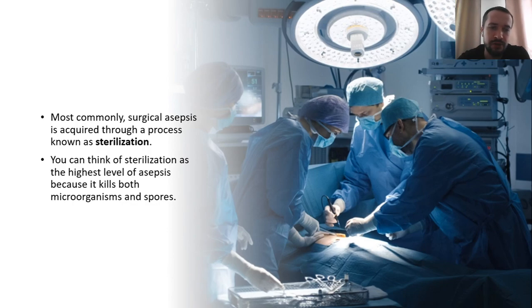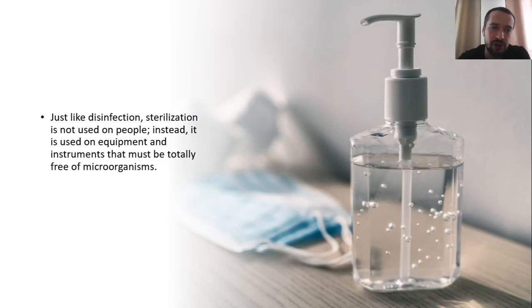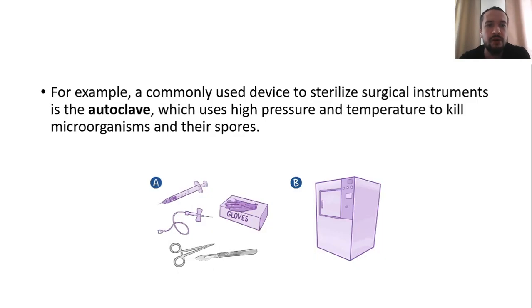You can think of sterilization as the highest level of asepsis because it kills both microorganisms and spores. Just like disinfection, sterilization is not used on people. Instead, it is used on equipment and instruments that must be totally free of microorganisms. For example, a commonly used device to sterilize surgical instruments is the autoclave, which uses high pressure and temperature to kill microorganisms and their spores.